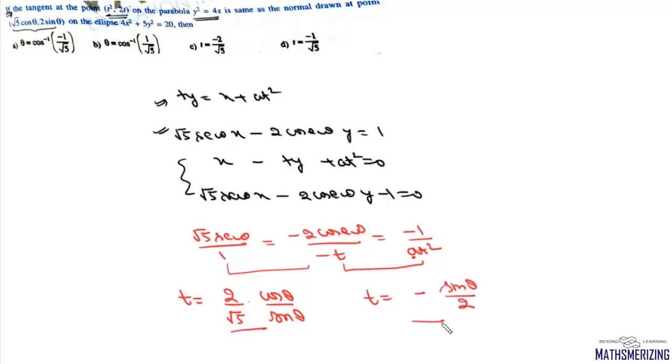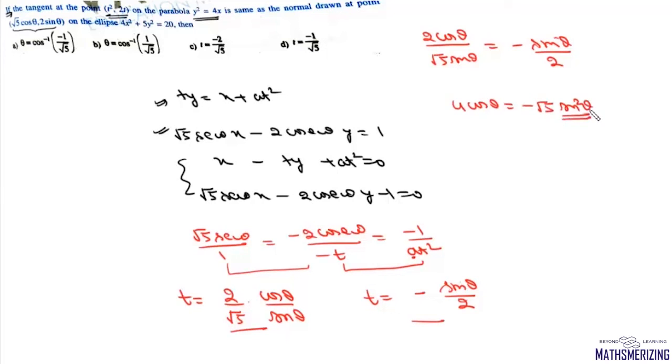Now we'll eliminate this t. Then we can write 2 cos theta upon root 5 sine theta, and it is equal to minus sine theta upon 2. So we can actually write this as 4 cos theta equals minus root 5 sine square theta.